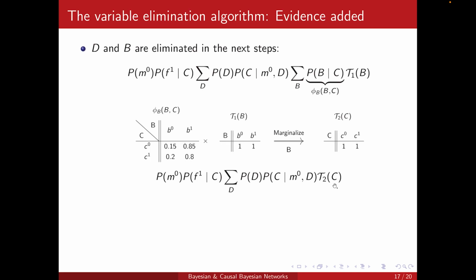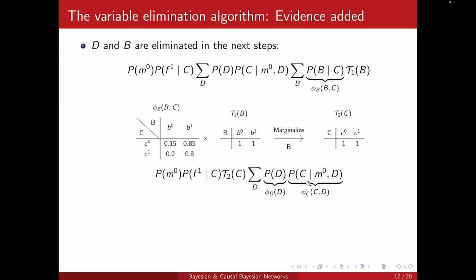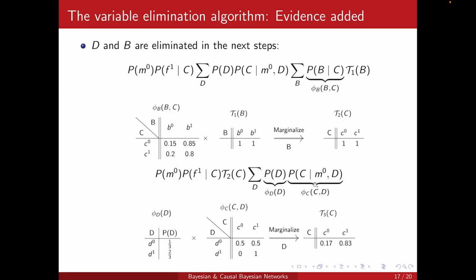Now this tau 2 of C can be pushed back out of this summation. It is 1, it doesn't matter. But again, doing it systematically, I will just push it back, and the only thing I need to do is this calculation. Right, these 2 factors. Now look here, phi C of C and D, M does not appear. Okay, so it's simplified.